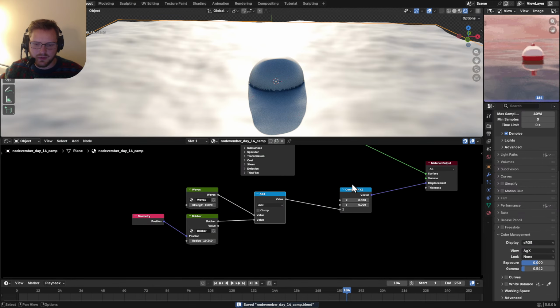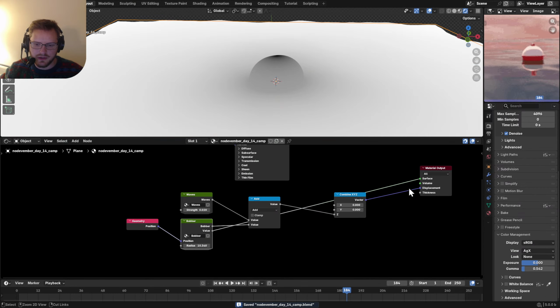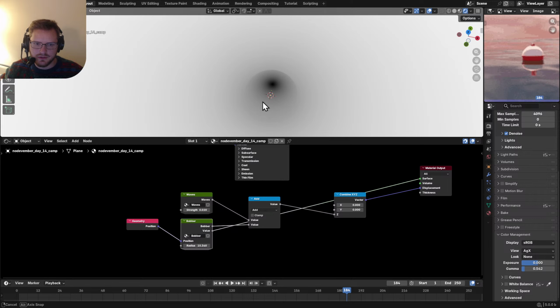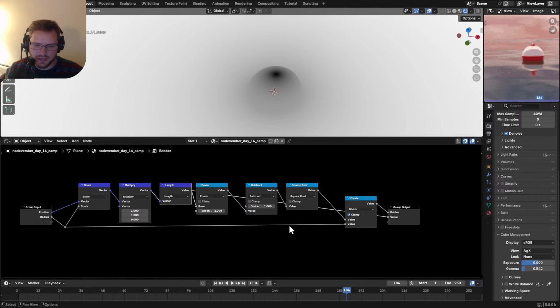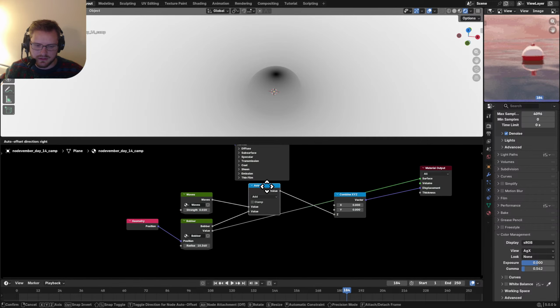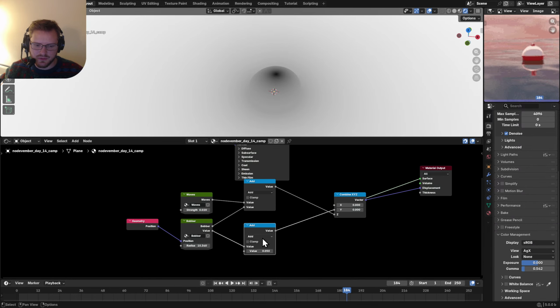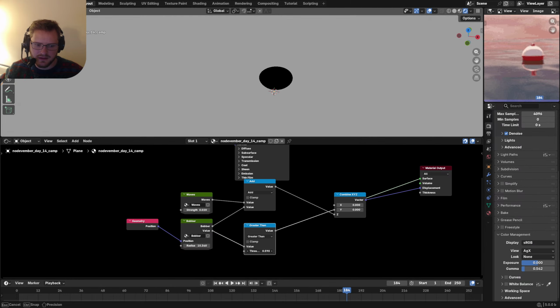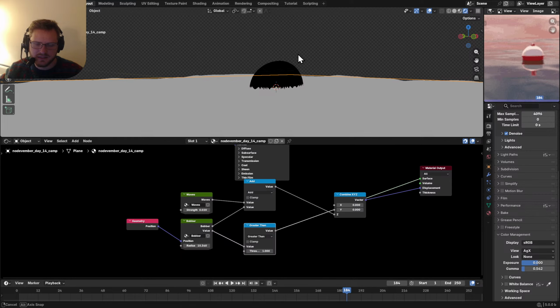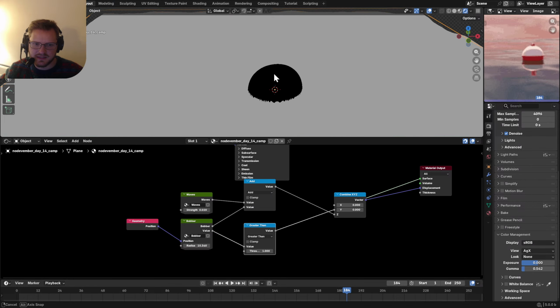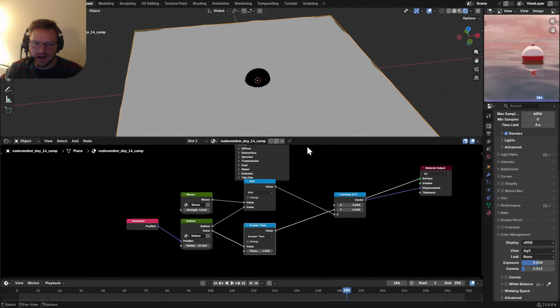So this is our bobber, and then this one should be exactly the map of where it should be, correct? So I'm going to take this, I'm going to ask where is it greater than a certain number, like 1. And that should be exactly it. Okay, so this is the section for that.